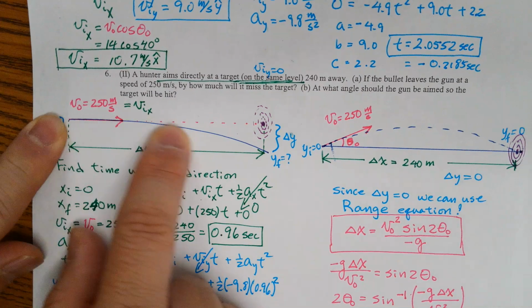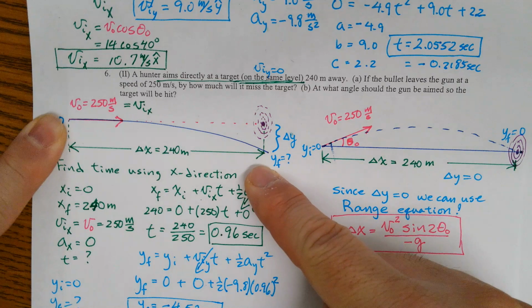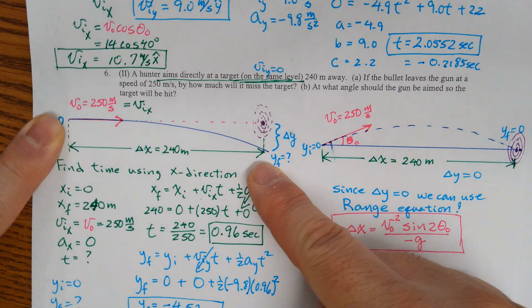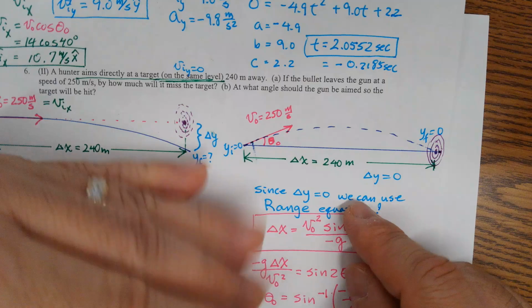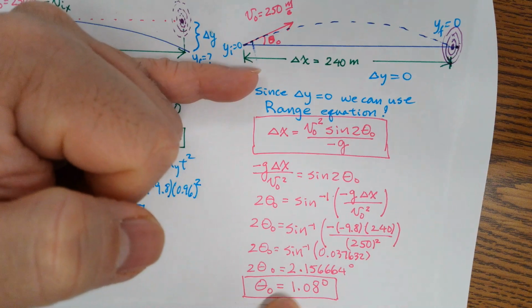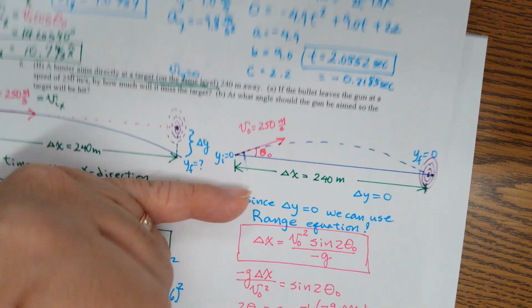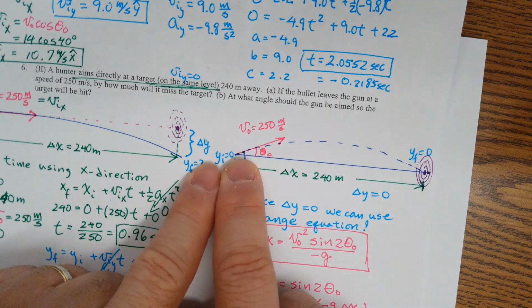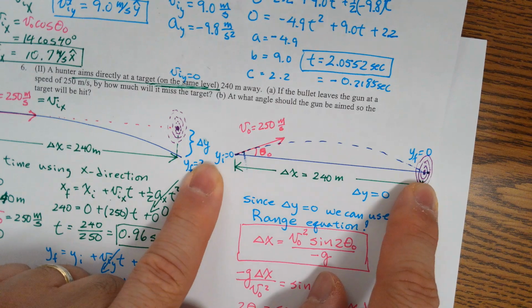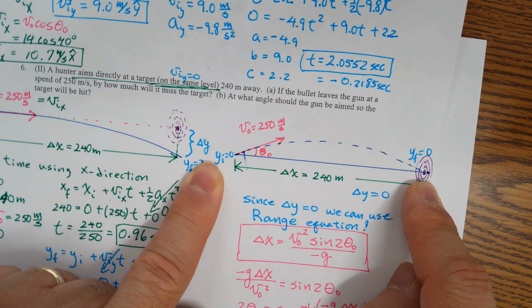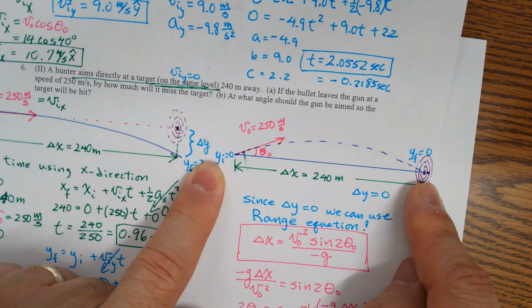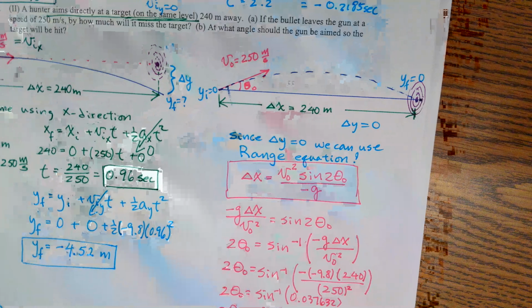The bullet's going to fall down 4.52 meters. But if you aim the gun at 1.0 degrees, this way, it will end up at the exact same level at 0 height. Oh, okay. Got it. Thank you. Okay? Yep.